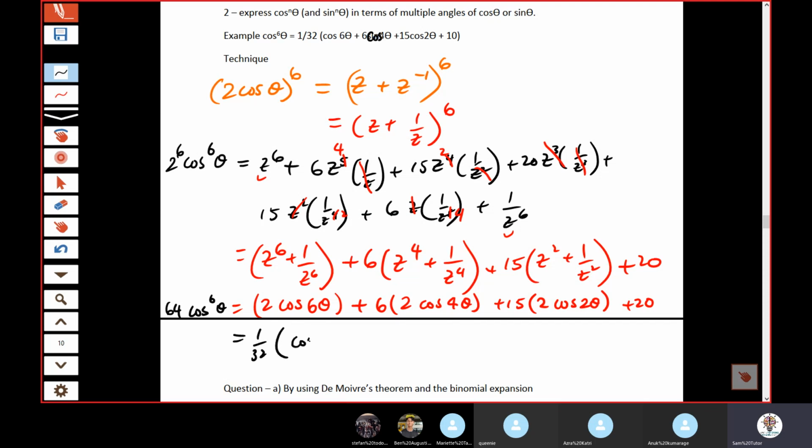Factorize the 2, and that becomes cos 6 theta plus 6 cos 4 theta plus 15 cos 2 theta plus 10, because 2 over 64 is 1 on 32.